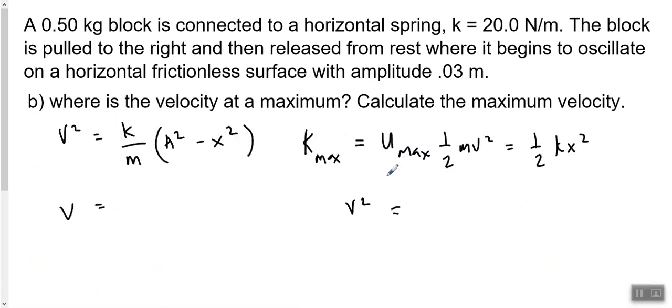Or you can also apply this concept, and then square the value of the velocity. Your velocity should be 0.19 meter per second. So you can use this or you can use that.